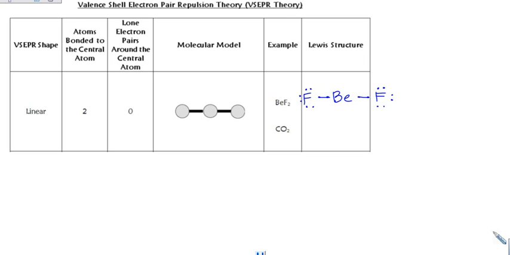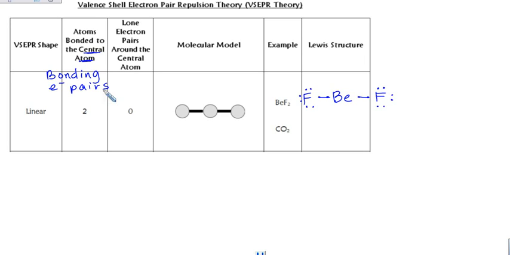Now to get the 3-dimensional VSEPR shape, we're really concerned with electron pairs on the central atom. And we're going to put them into one of 2 groups. These electron pairs on the central atom could be bonding electron pairs, which then gives us a measure of how many atoms are bonded to the central atom.